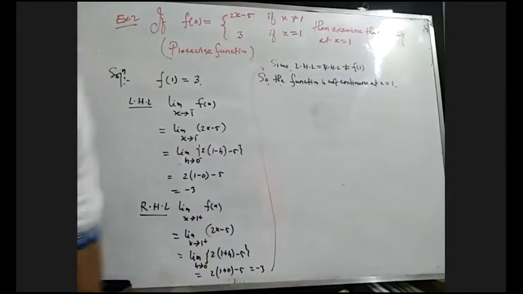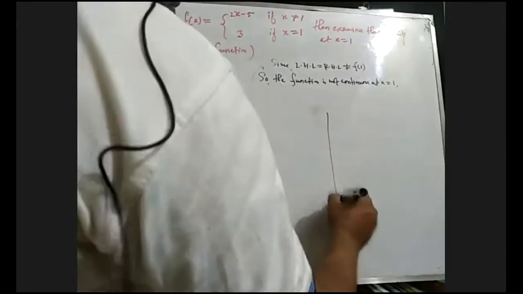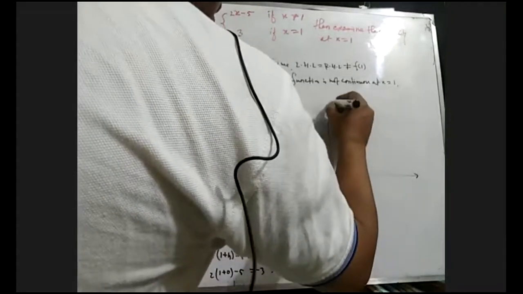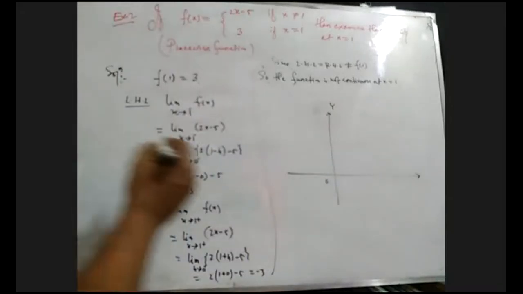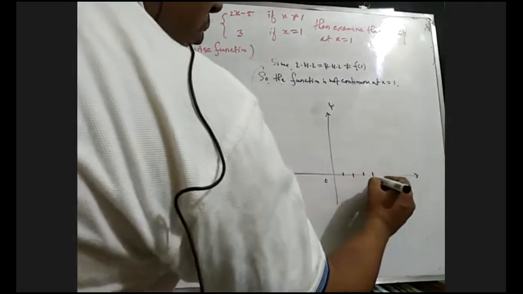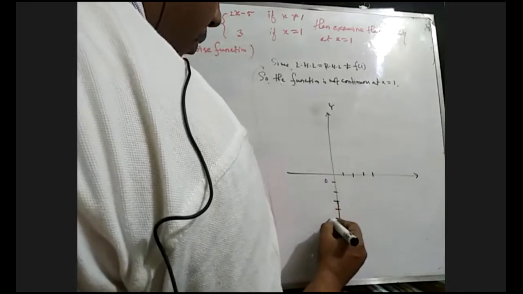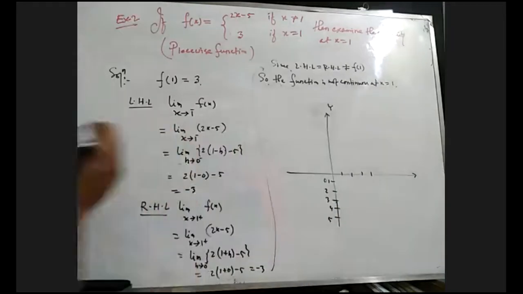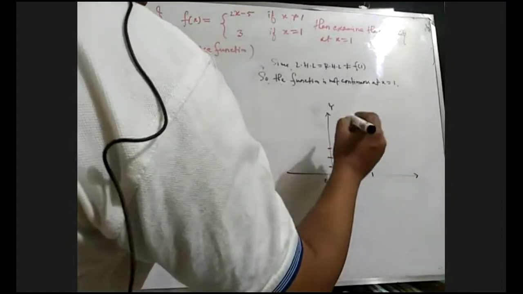So we can plot the graph for this. Suppose this is the x-axis and this is the y-axis, with the origin. Suppose 1, 2, 3, 4 and 1, 2, 3, 4, 5.